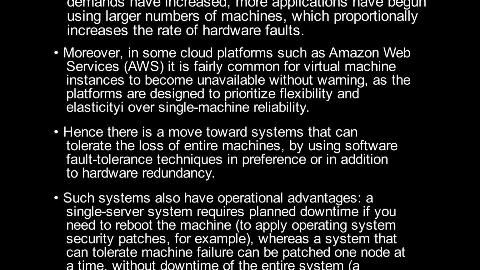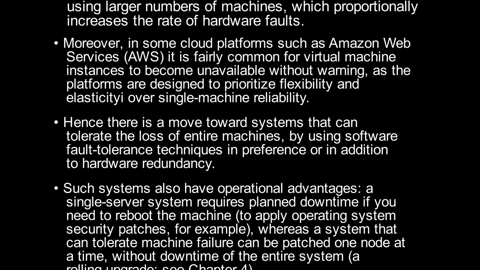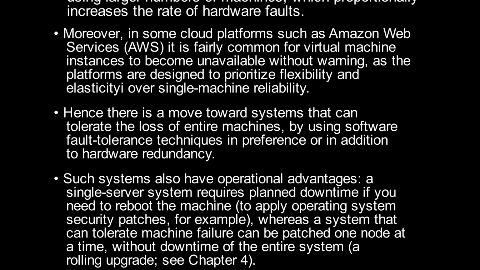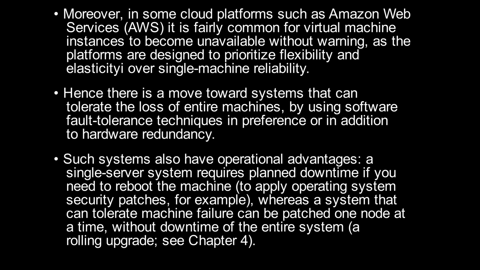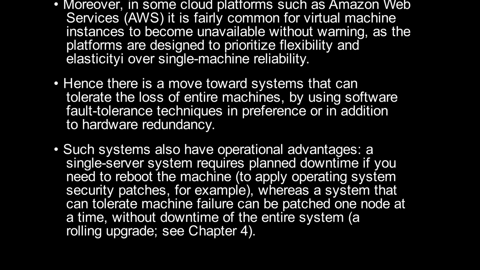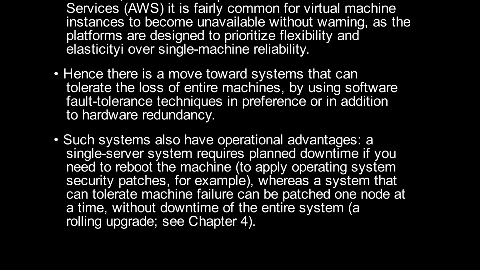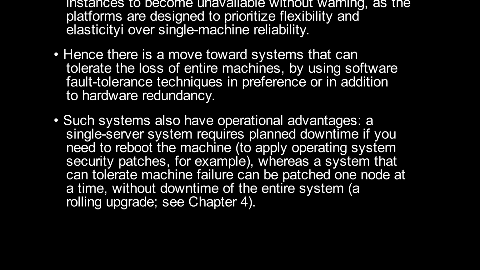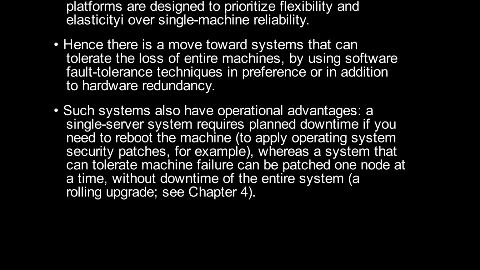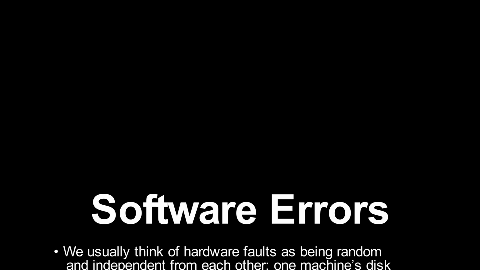Such systems also have operational advantages. A single-server system requires planned downtime if you need to reboot the machine to apply operating system security patches, for example, whereas a system that can tolerate machine failure can be patched one node at a time, without downtime of the entire system: a rolling upgrade. See Chapter 4.